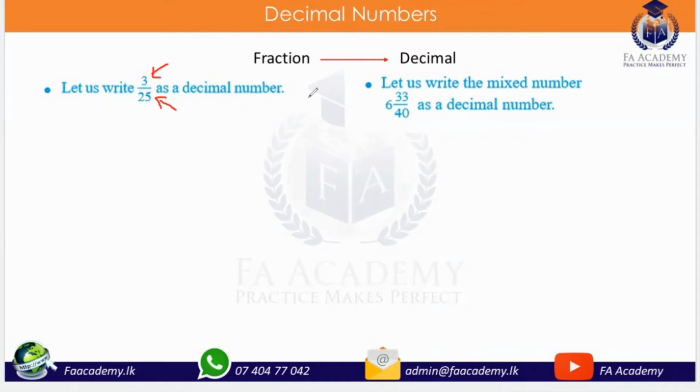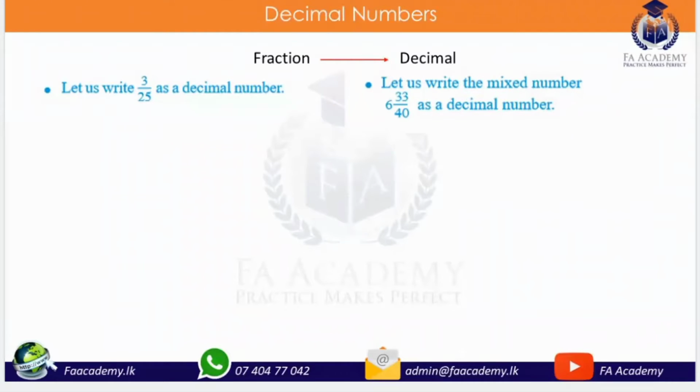So how can we divide this? How can we get a decimal answer? That's your target. What you have to do is simply a long division as you have studied before. How can we do a long division? 3 divided by 25.